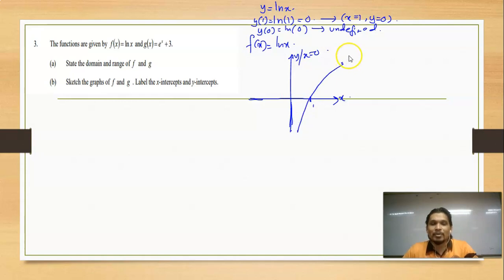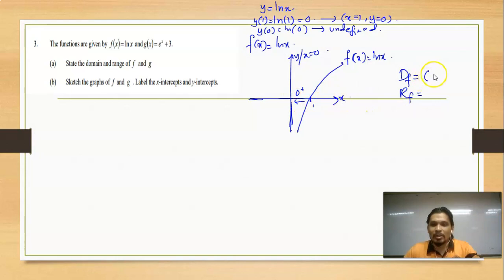Okay, so this is the function f(x) equals natural log of x. Now, state the domain and range of f. The domain here is approaching 0 from the right side, and all the values of x which are positive.